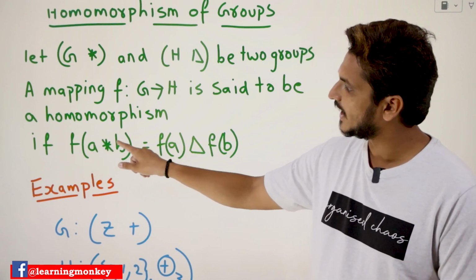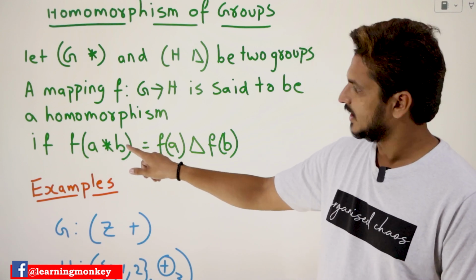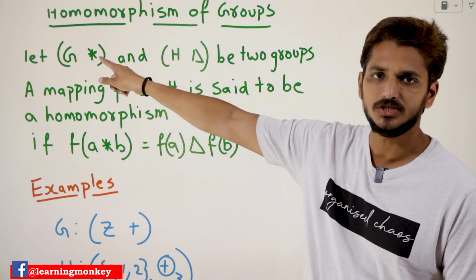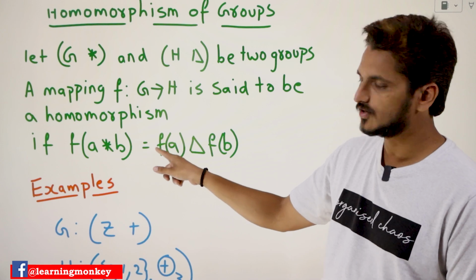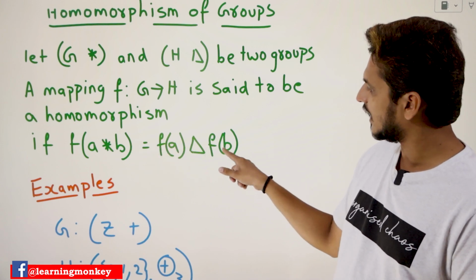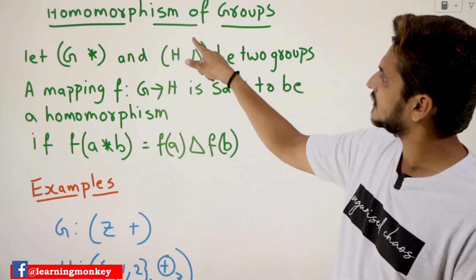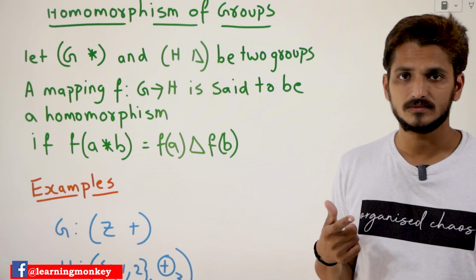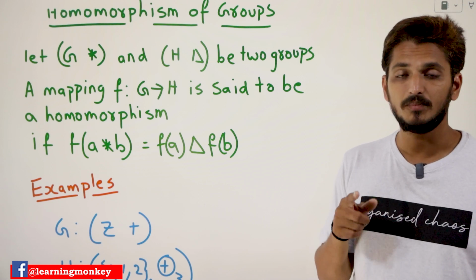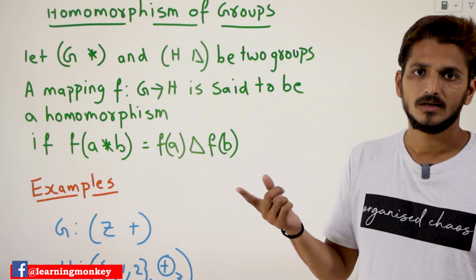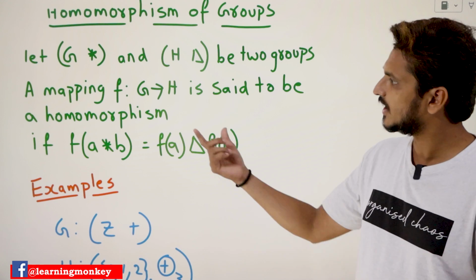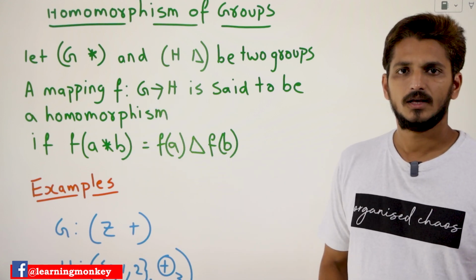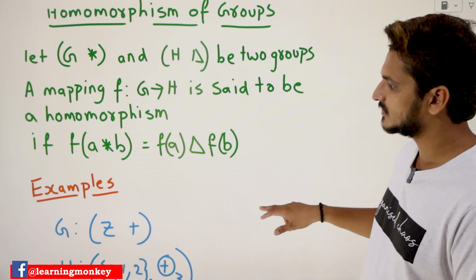If f of a star b, where star is the binary operation in G, equals f of a delta f of b, where delta is the binary operation from H, and this holds for all a, b belonging to G, then we say this is a homomorphism. So this is the definition of homomorphism of groups.